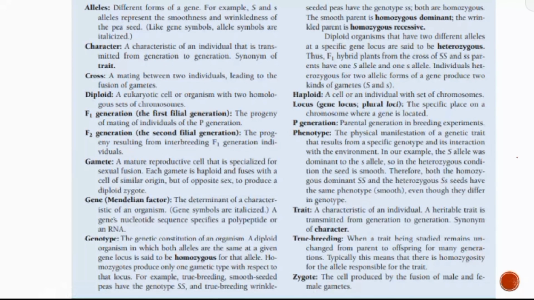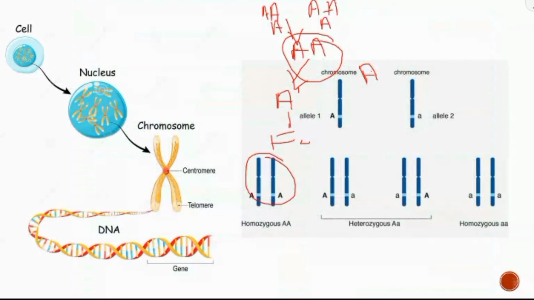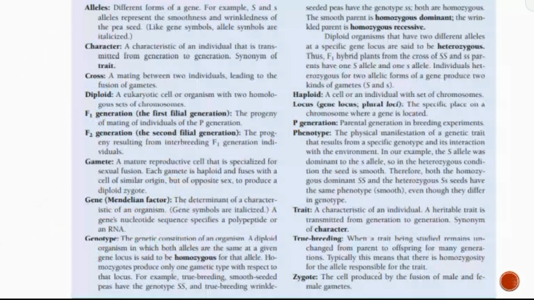When we are studying a trait and it is unchanged from parents to offspring, meaning parents were homozygous and the offspring are also homozygous, it remains unchanged from parent to offspring. In such cases, the parents are called true breeding.